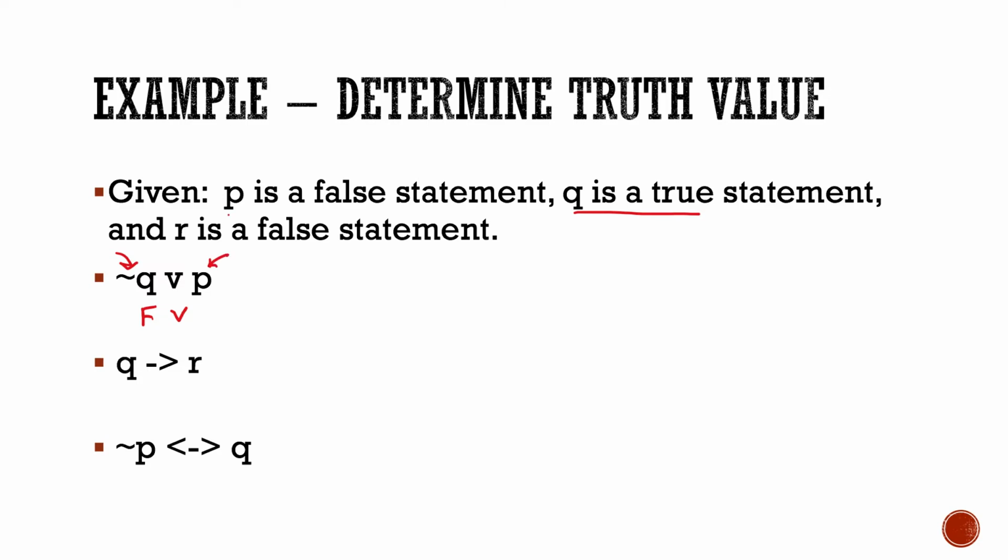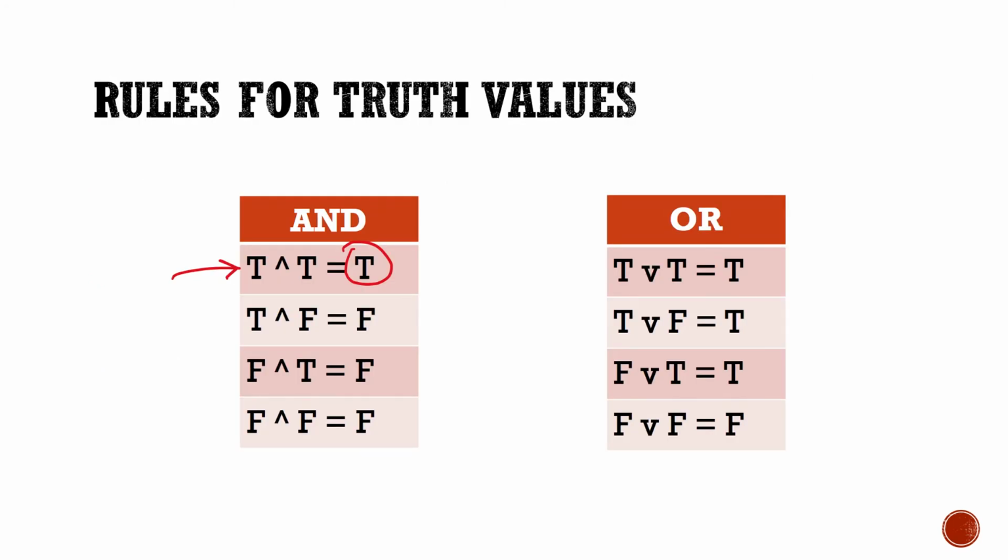And P, we're told that P is false. So we have false or false. False or false is false.